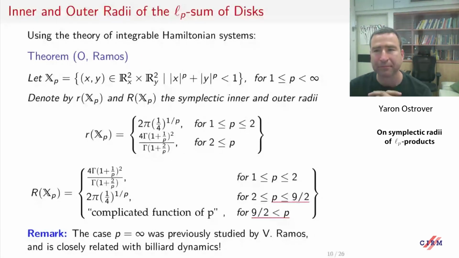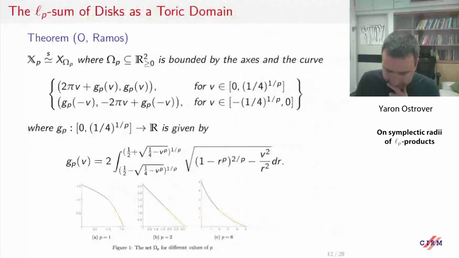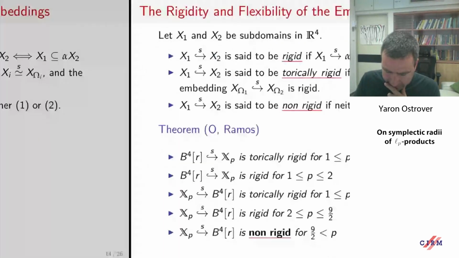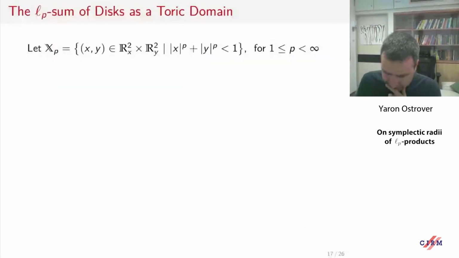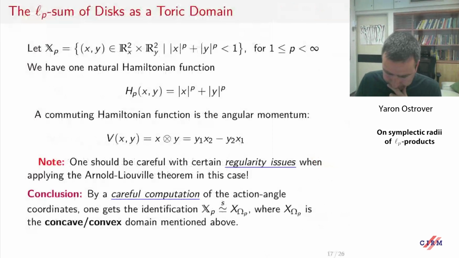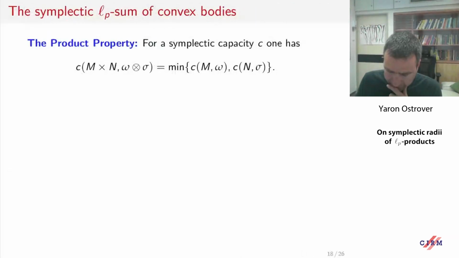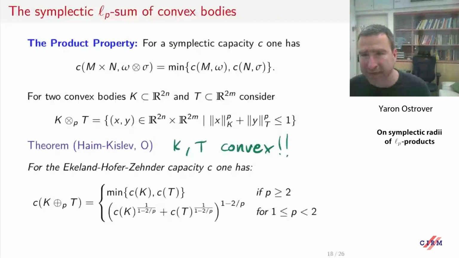Can you say a word on the proof of the result for the symplectic product? What kind of tool? You mean here for this statement?